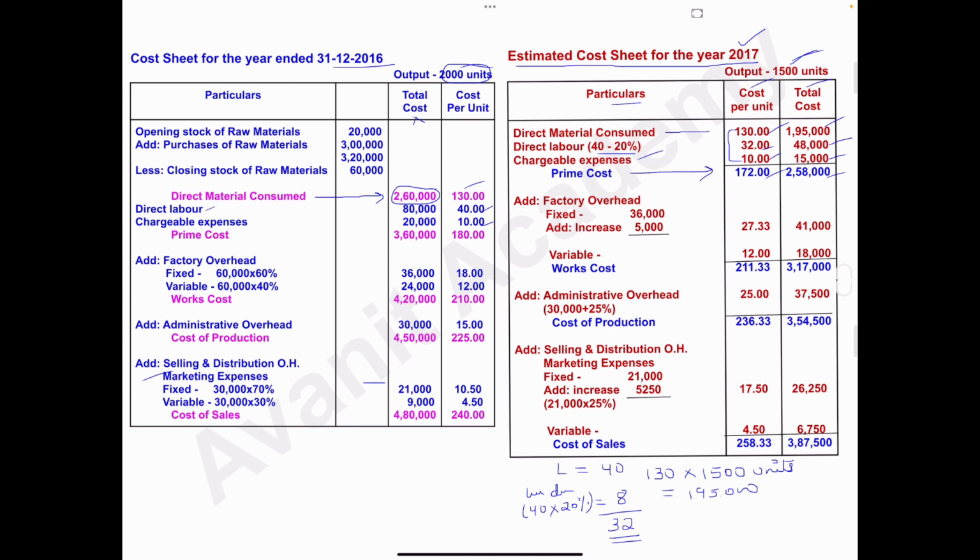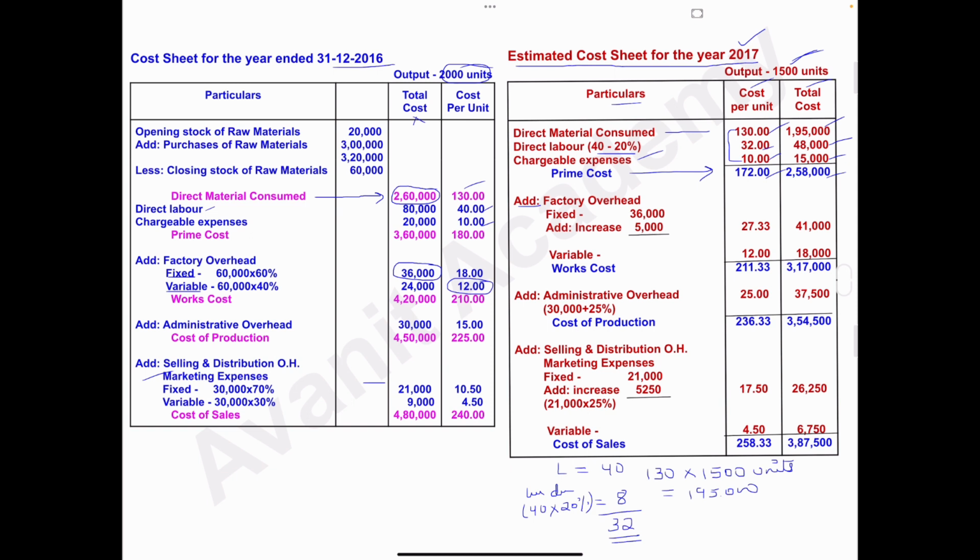Next we have to add factory overhead. The overhead is divided into two parts, that is fixed and variable. For fixed factory overhead, you have to take the total cost value, and for variable factory overhead, you have to take the cost per unit value.